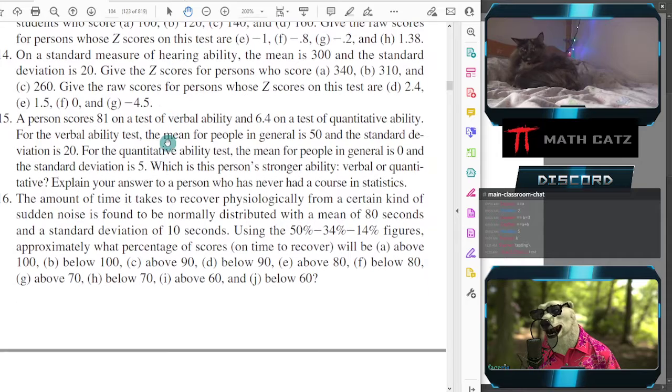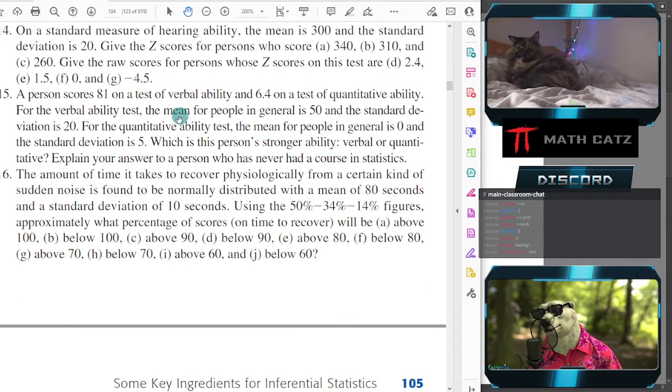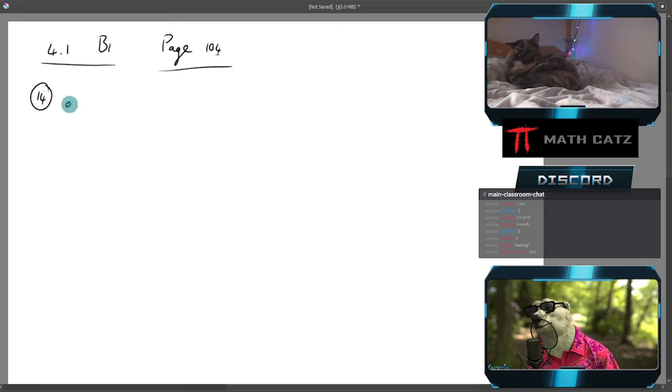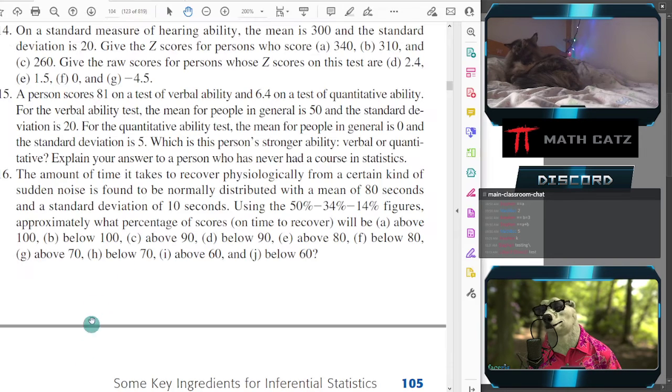I think I can. So number 14 there. Let's just write that down. So we're going to be on page 104, number 14. I'm not going to do all of them. I'll do A and D.